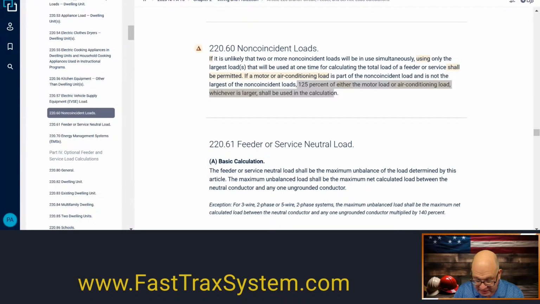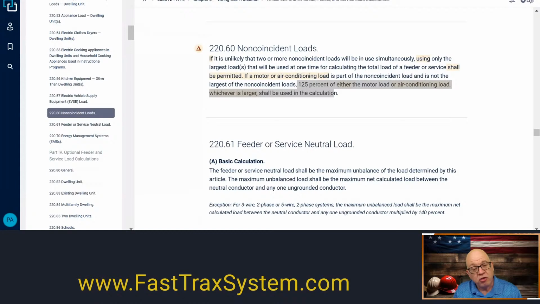If you want to do 14 times 230 times 125%, it does the same thing, right? It is 4,025. However you want to do the math, okay? We do 14 times 230 times 1.25, same thing.